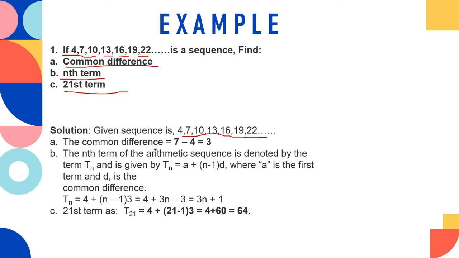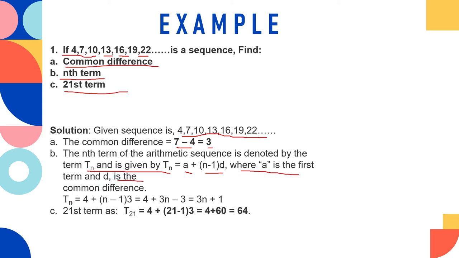A, the common difference equals 7 minus 4 equals 3. B, the nth term of the arithmetic sequence is denoted by Tn and is given by Tn equals a plus (n minus 1) times d, where a is the first term and d is the common difference.